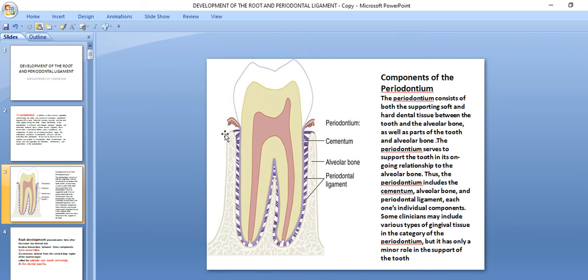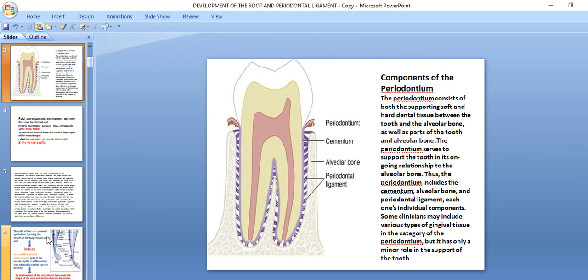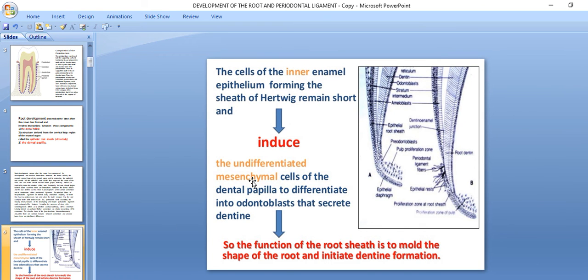Soon after the crown has completed its formation, the external and internal enamel epithelia at the cervical loop of the enamel organ form a double layered epithelial root sheath, you can see here, and the cells of inner enamel epithelium form this sheath of Hertwig's, and it remains short and induces the undifferentiated mesenchymal cells of the dental papilla to differentiate into odontoblasts that secrete dentin.